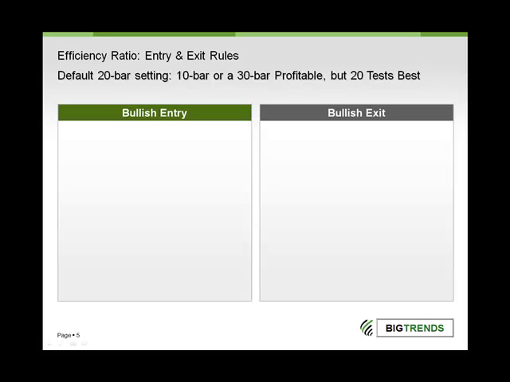Then you might want to backtest this indicator on one of those other settings, a 10 bar or a 30 bar setting, and see if that improves any of your signals. But for those of you who would like to use this indicator to actually signal your entries and exits, the 20 bar setting is the most efficient way, pun intended, to use it. So we default it to a 20 bar setting.